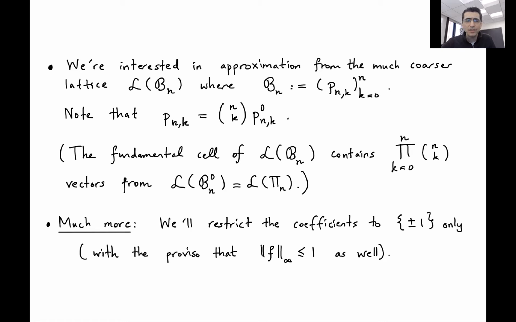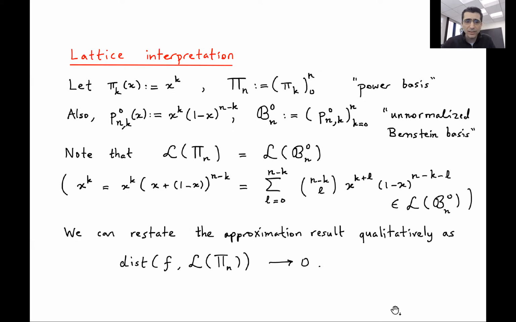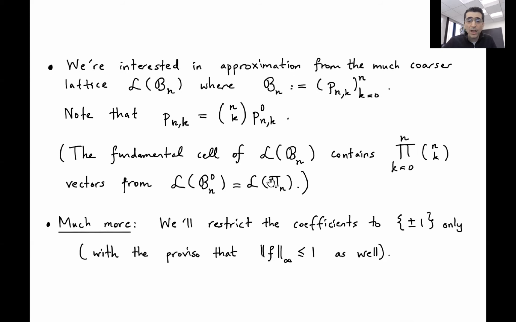So it's a much bigger, much coarser lattice. We'll see that it is actually possible to approximate from this coarser lattice, meaning that the result I just stated holds not just for the lattice generated by the power basis, but the lattice generated by the Bernstein basis. And here's where the one-bitness comes.